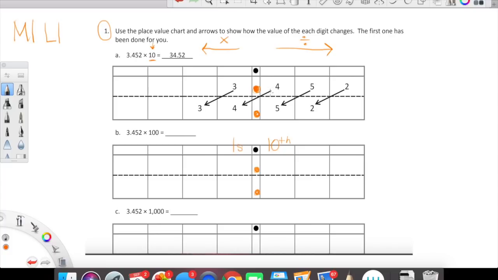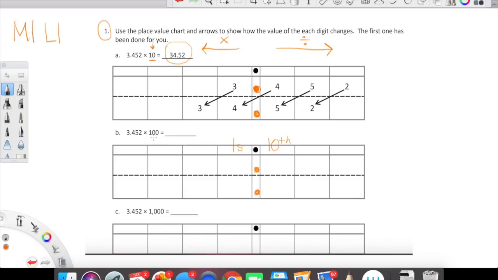The 4 shifted between the decimal world and into whole number world right here in our ones place value. 5 shifted from hundredths to tenths, and then our 2 shifted from thousandths to hundredths. So our result here was 34 and 52 hundredths.